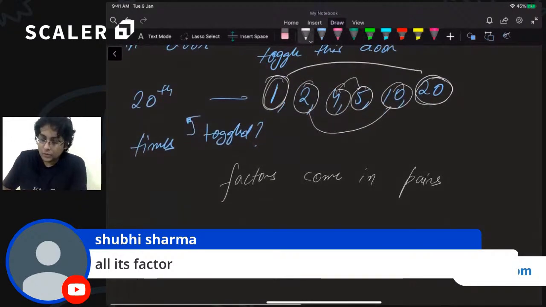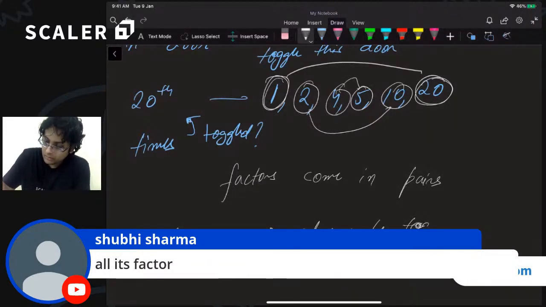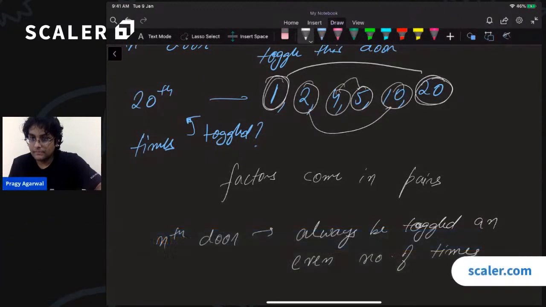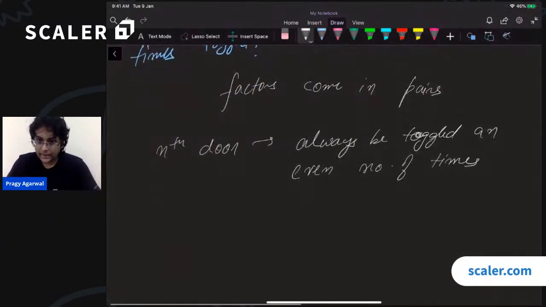So we know that the nth door will always be toggled an even number of times, because the factors come in pairs. So every door is going to be toggled an even number of times. Is that correct?